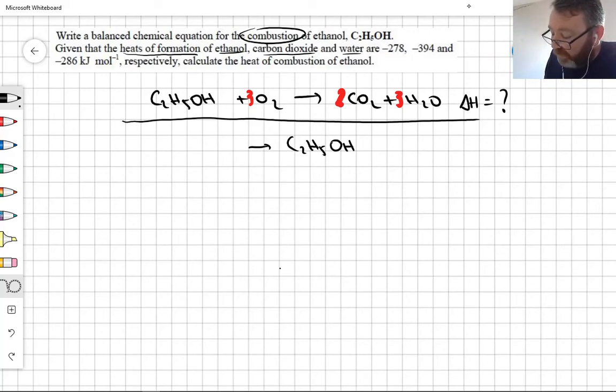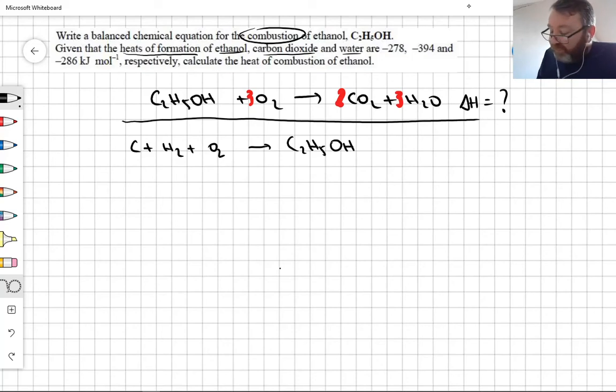So what elements are present in here? Well, carbon is present, hydrogen is present, and oxygen is present. And please remember that being formed from your elements means that carbon, hydrogen, and oxygen must be written in their elemental states. And all bar carbon are diatomic. Hydrogen exists as H2 in its elemental form. Oxygen exists as O2 in its elemental form. Carbon is just C.